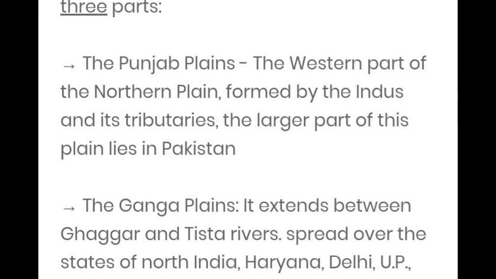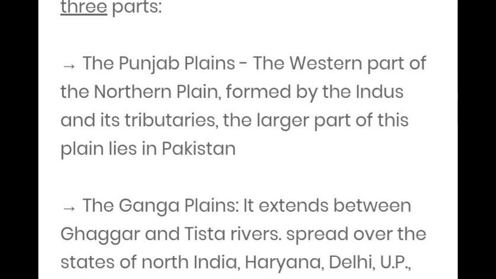River Indus and all its tributaries originate in the Himalayas, and this section of the plain is dominated by doabs. Doab can be split into two words: Do means two, Ab means water.